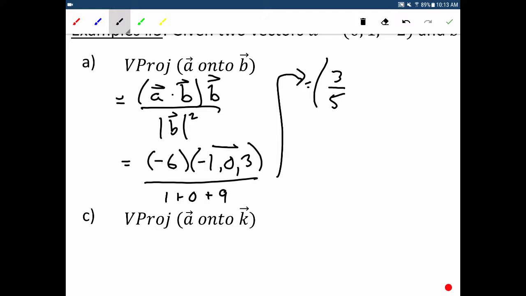Oh, I should have put the vector symbol over that. Textbooks often leave that symbol out, and it is important. I don't like that they leave that out, because otherwise it's just a coordinate. But there you go. So there's your vector projection of A onto B.